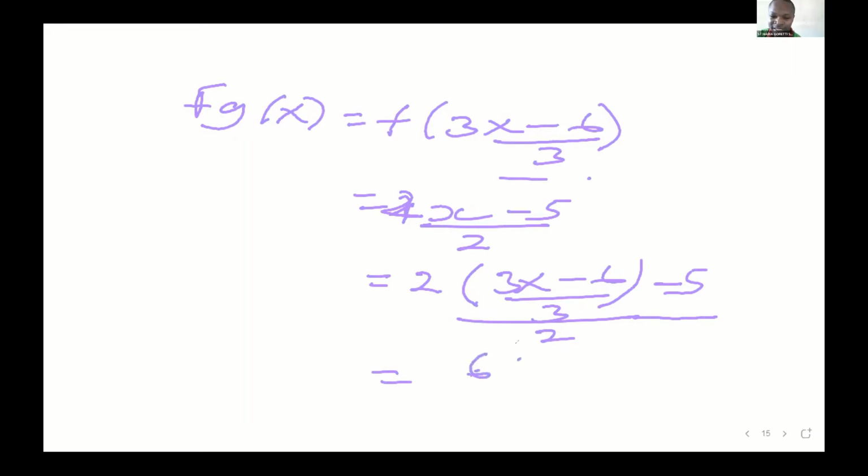You get 6x, 2 times negative 6 gives negative 12, out of 3. Remember, this 2 will come here and you get a 6, because the 2 is affecting every number inside. This will be 6 minus 5, divided by the 2 outside. It's better to remove that all over, because it will be confusing. You therefore use a division sign.